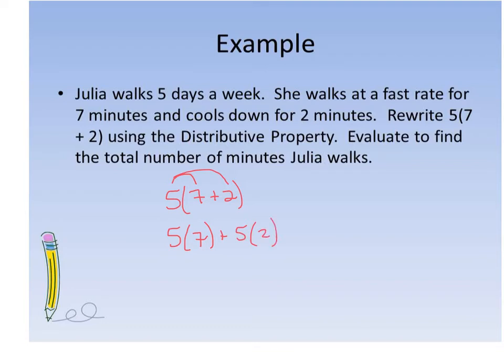I want you to do that step, even if you know what that's going to equal. Do that step for me. And then make it 35 plus 10. So now we're evaluating it, and that is 45. Oh, so sorry, 45, and that would be the minutes that she walked.